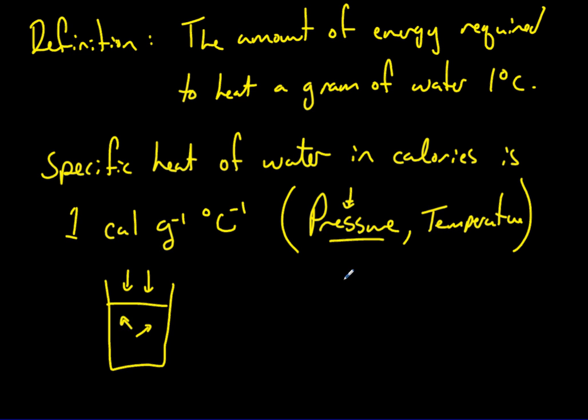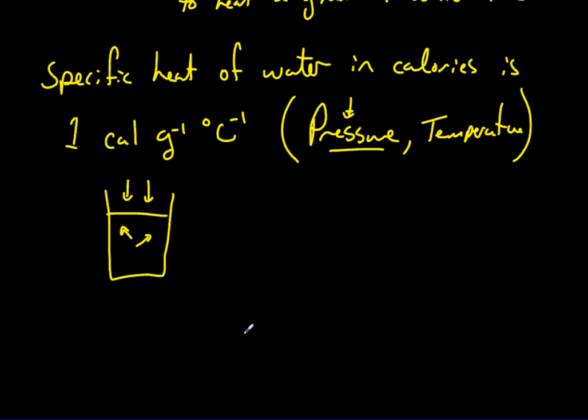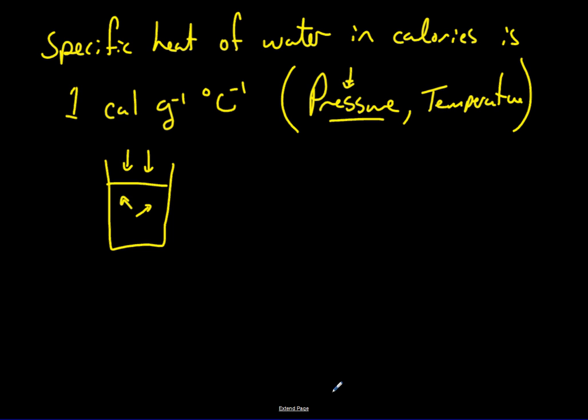To be honest, I don't know enough to know exactly how it changes, but if somebody is interested in doing a project on that or a design lab, we don't call them design labs anymore, that would be an interesting one to check out. How does the amount of energy required to heat 1 gram of water 1 degree change with temperature? Okay, anyway, so there are issues with this.